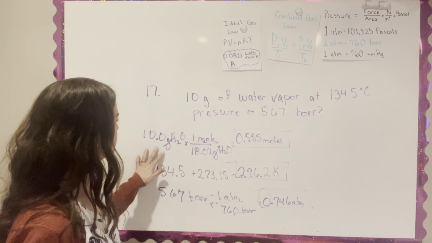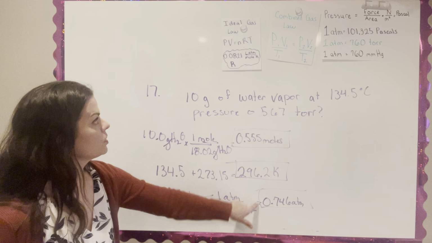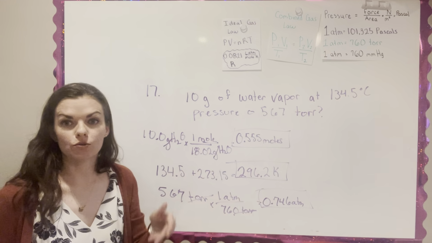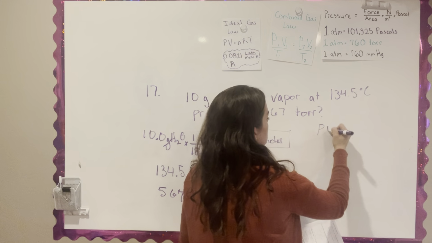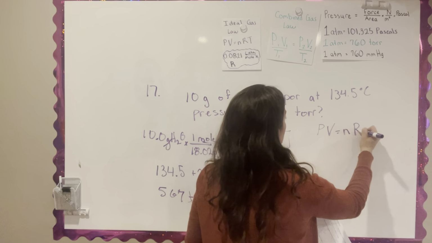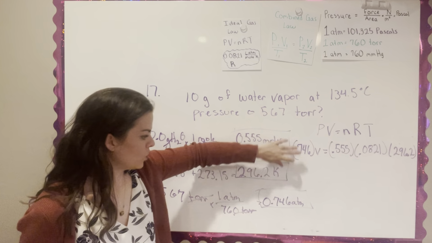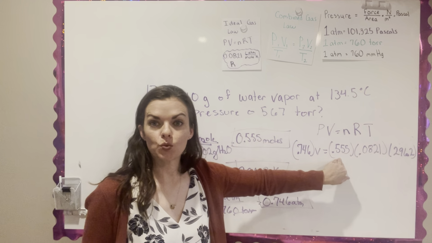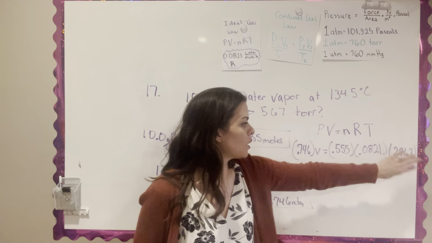I have pressure, right? I'm looking for volume. I have my number of moles, R is a constant, and I know temperature. So let's put all that into PV equals nRT. When you put this in, you get 0.746 times V equals 0.555 times 0.0821, which is your R, times your temperature.